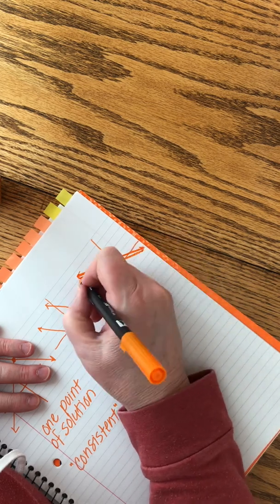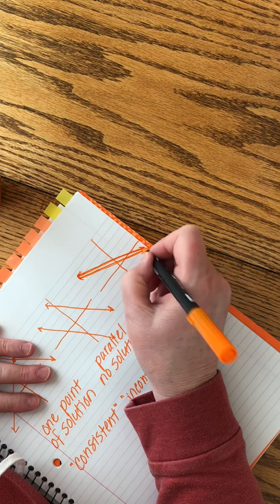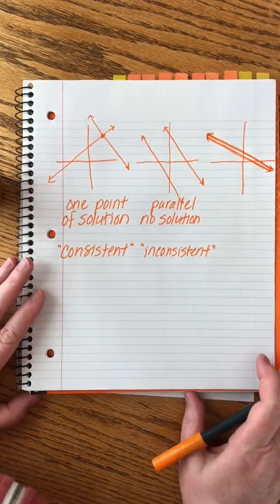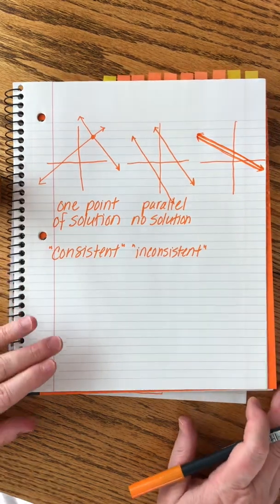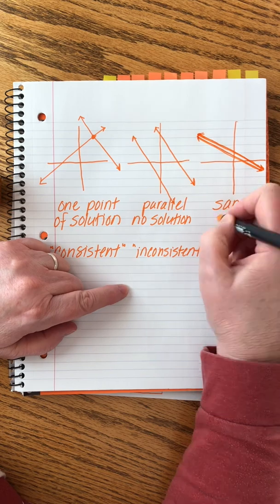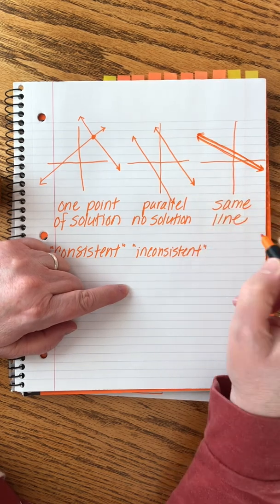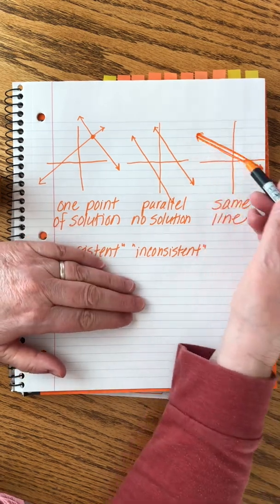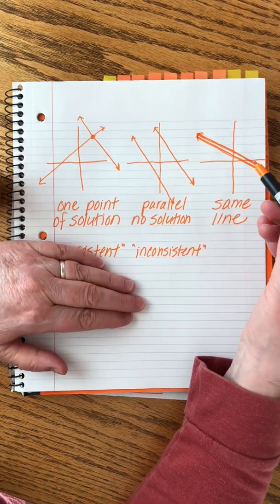I want it to look like it's two lines in the same place. We really wouldn't be able to see two separate lines, but I'm trying to help you see. This is the same line. So there are infinite solutions because every single point on here solves both equations.